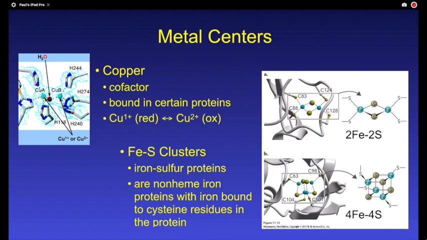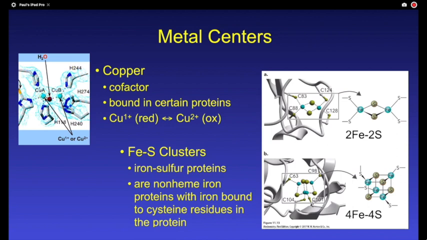And then we have iron clusters. We have the 2 iron, 2 sulfur, and it has a certain geometry, or the 4 iron, 4 sulfur, and it has a certain geometry. These can carry from 1 to 4 electrons, depending upon which enzyme or which protein you're looking at, but most of the time in our process it's going to carry the 2.